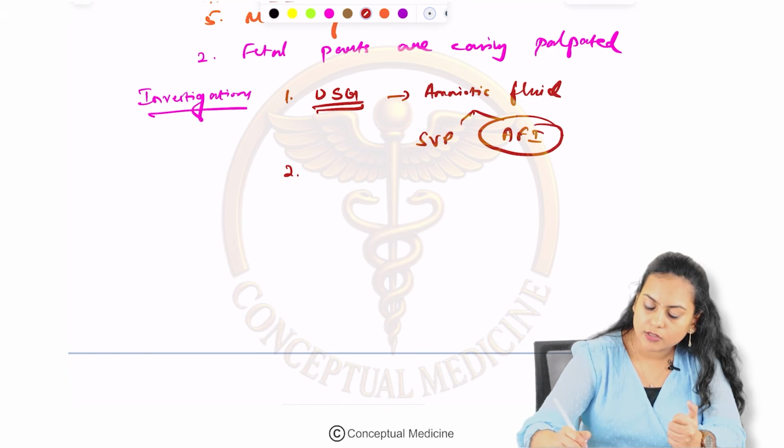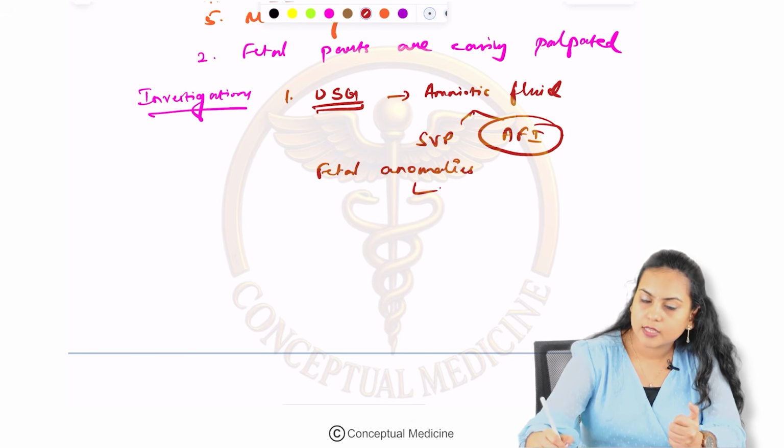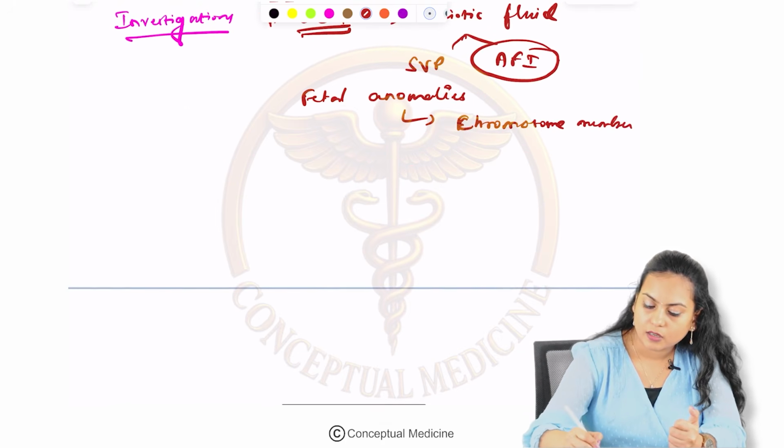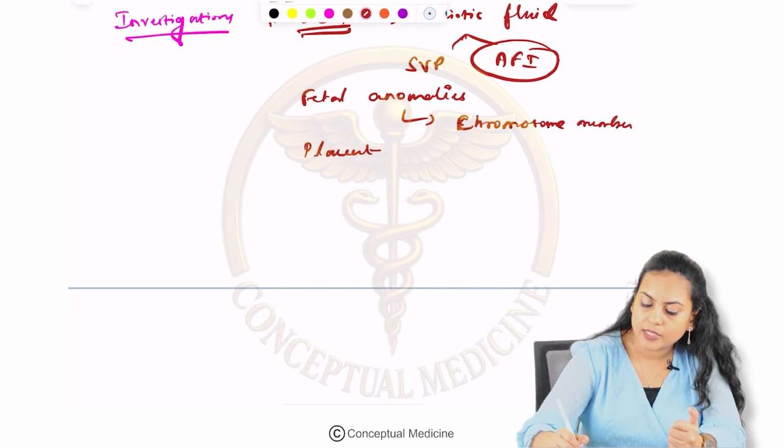We will also check if there are any fetal anomalies. In this case, you have to even check the chromosome number. Then placental abnormalities should also be checked. We can go for Doppler of the umbilical artery.